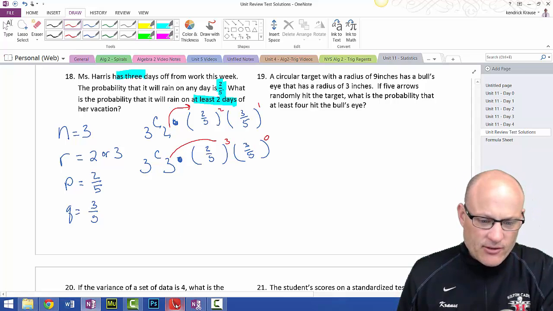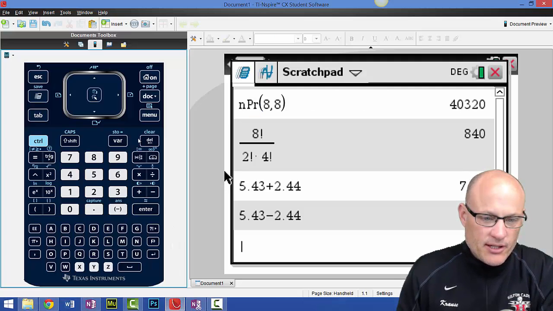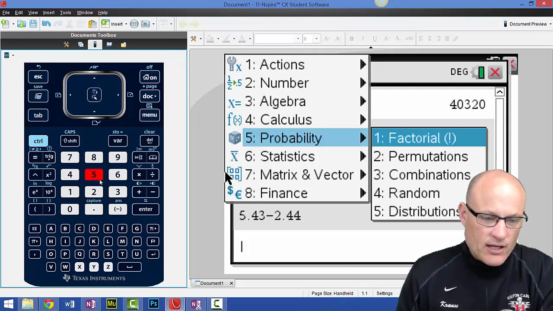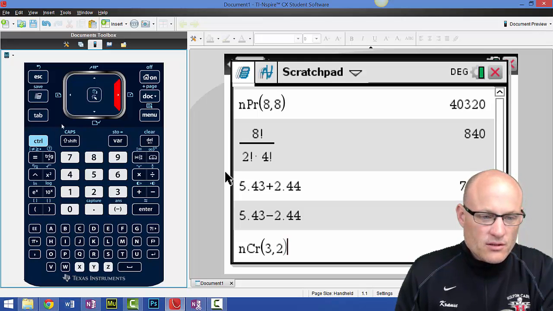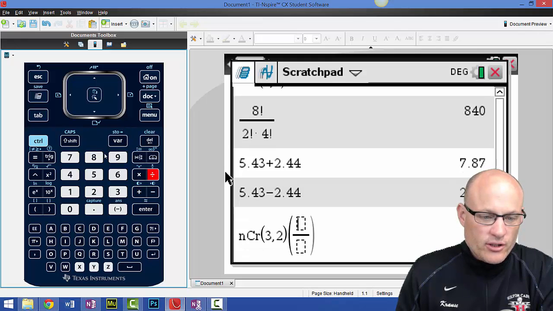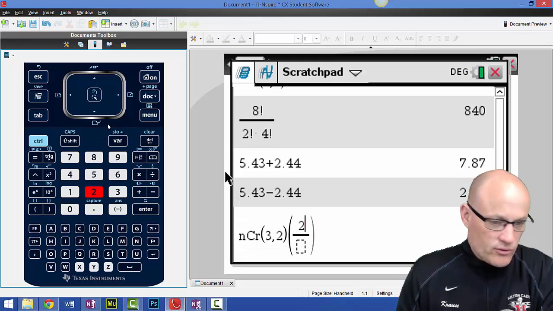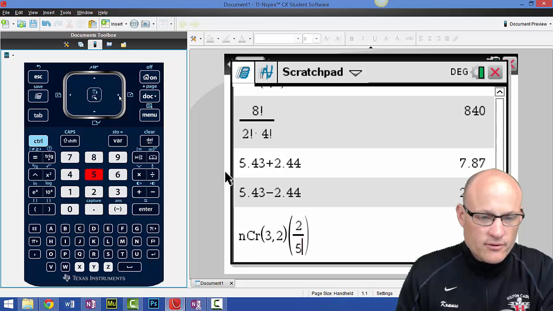If I go over to my calculator and I do this crazy math, menu 5, 3 gives me combinations. It's 3, comma, I forgot, 2, parentheses, control division, 2 over 5.